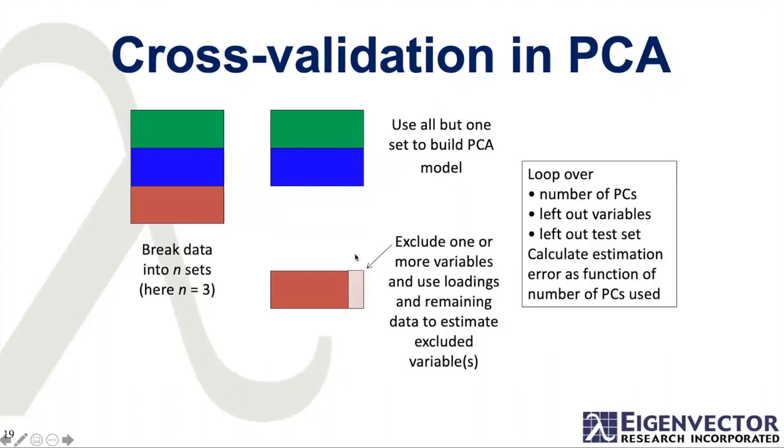And then this is the tricky part. You take the remaining data and you split it up, and you model derived from this part and this part of the data to estimate variables that you've left out. And that actually works well for estimating how many factors should be in a PCA model. It's not perfect. None of the methods are, but it's usually a pretty good indicator.